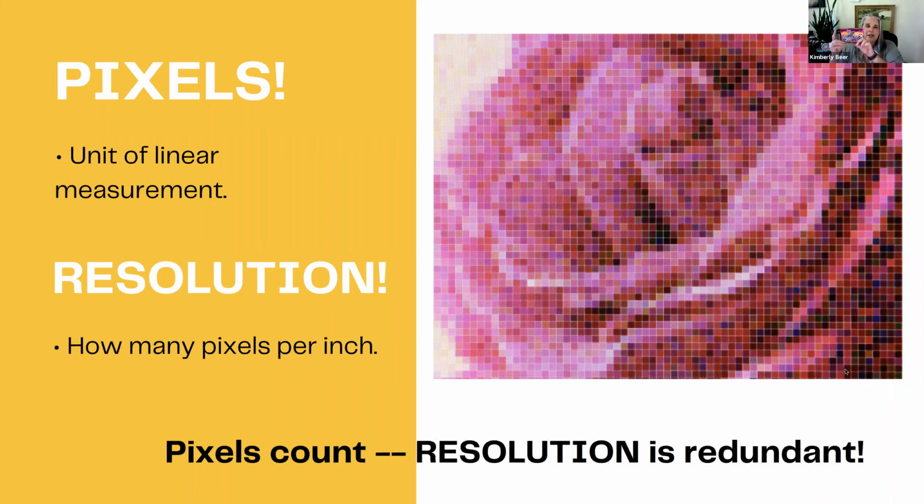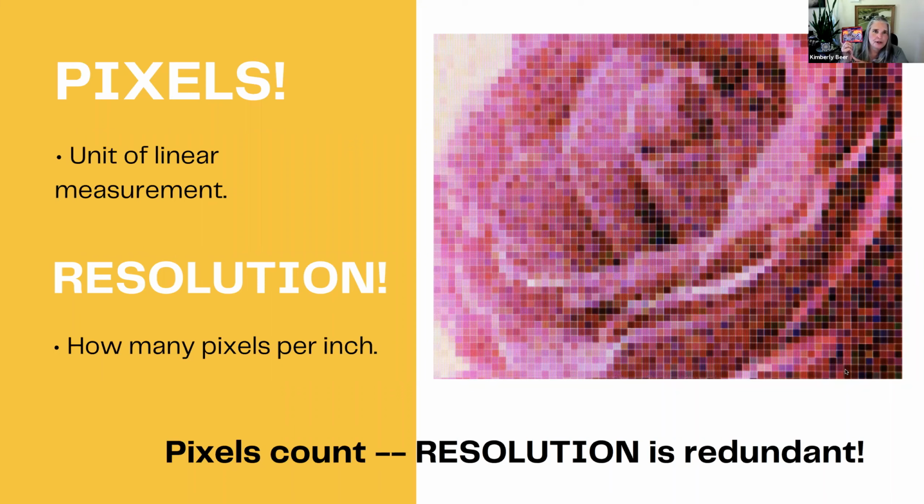If we found out that it was 6 inches long, we would take 6 times 300 and we would need an 1800 pixel wide image in order to make a print this size.